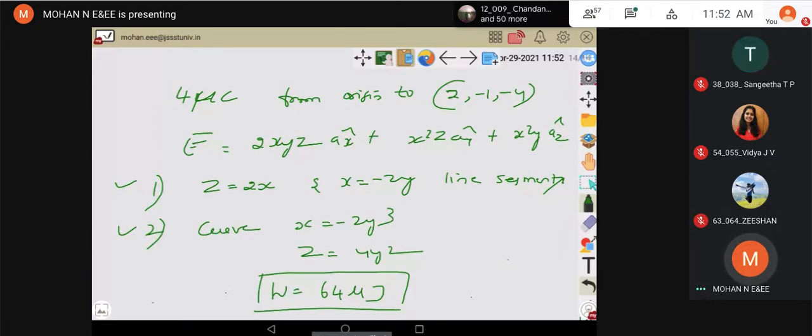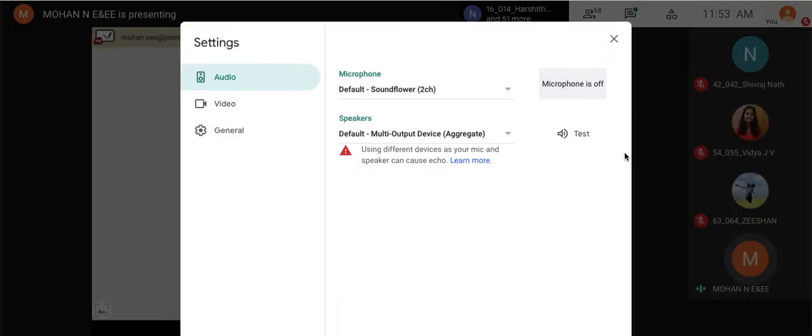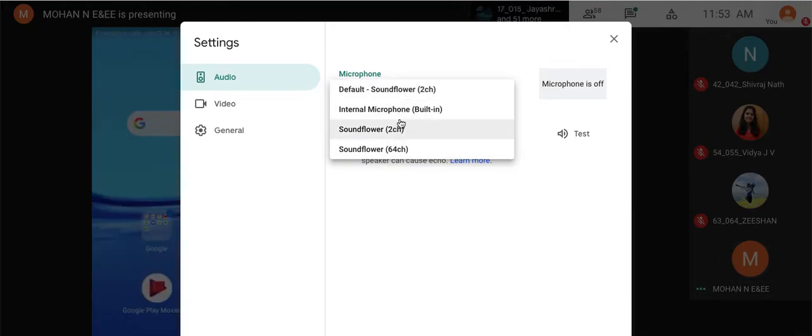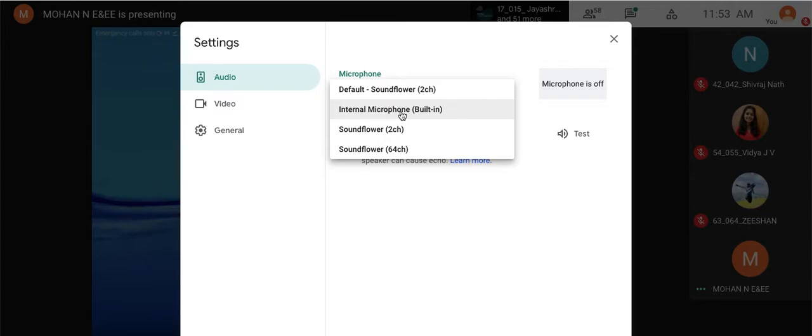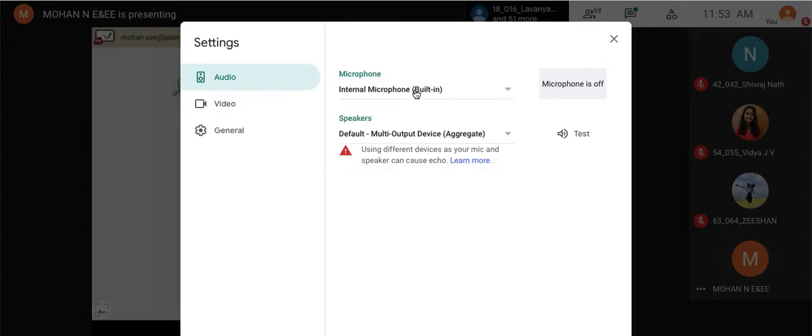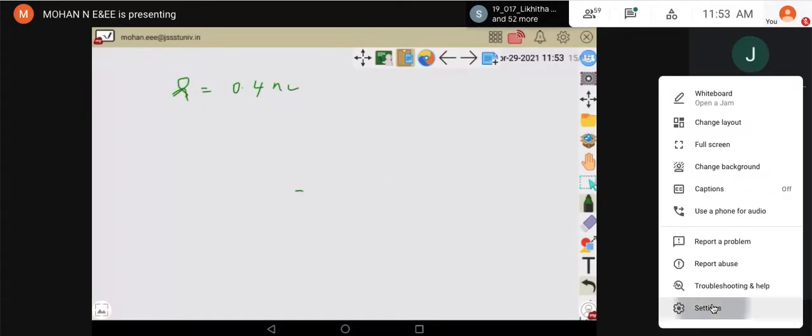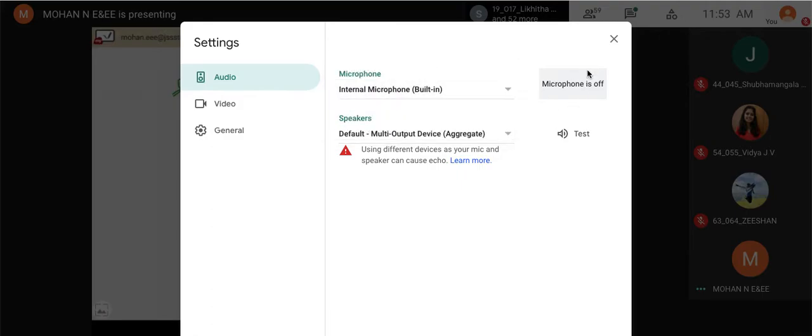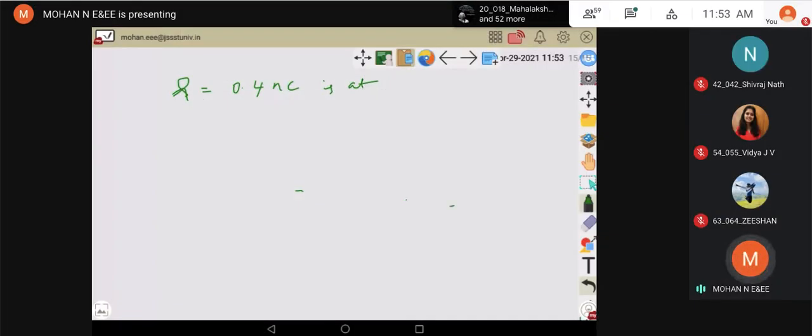Yes. We shall move on for the next variant of the problem. Take down a point charge Q is equal to 0.4 nanocoulomb at the origin.